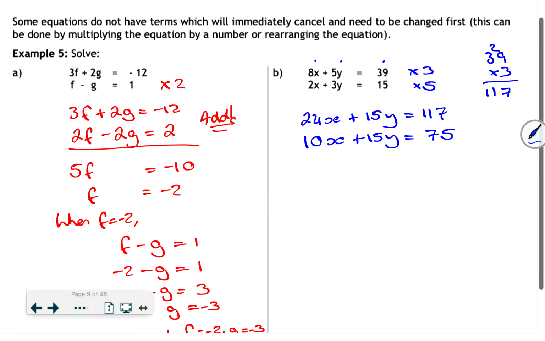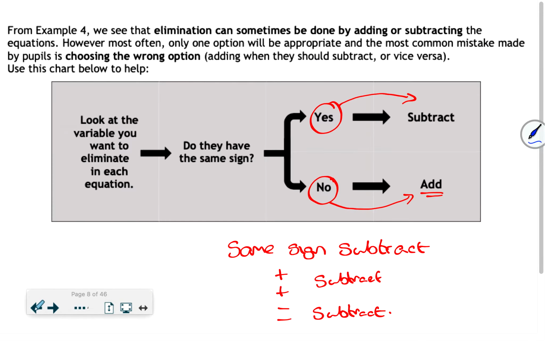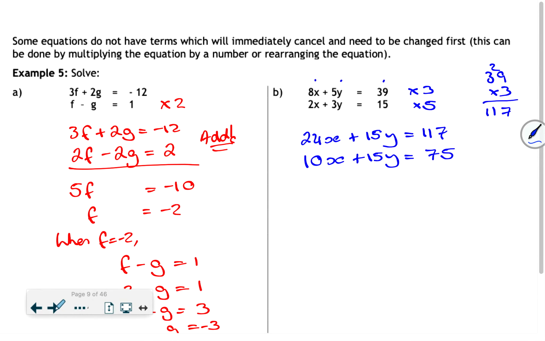So then we've got the same sign. Remember, same sign, subtract. So I'm going to subtract the equations. 24x take away 10x gives me 14x. 15y take away 15y cancels out.